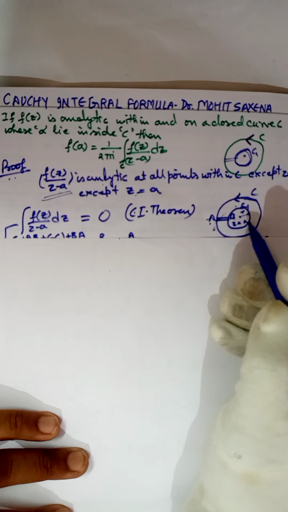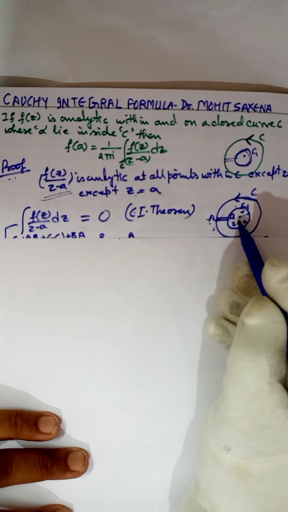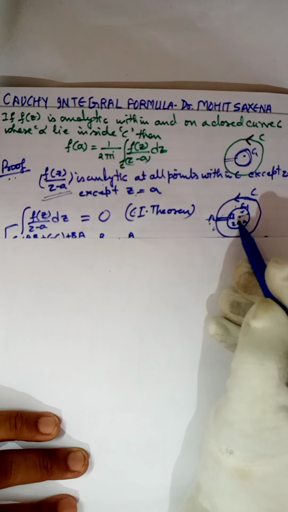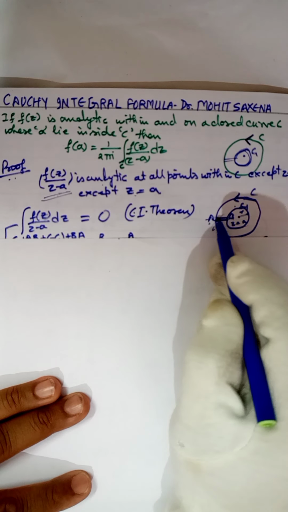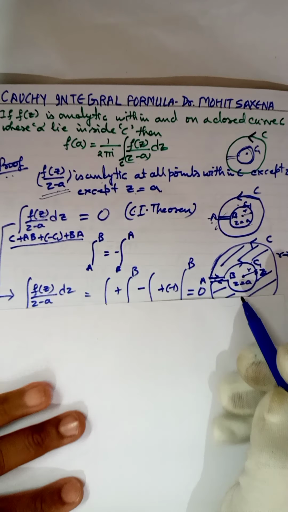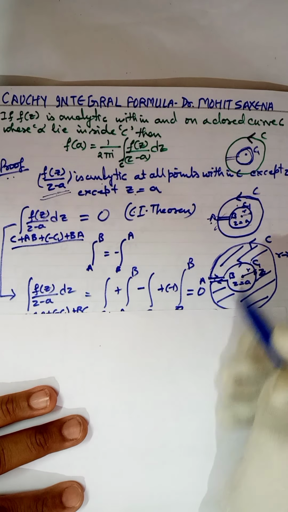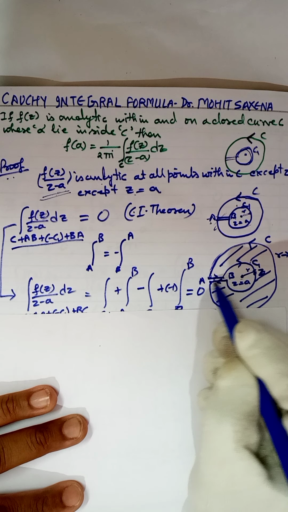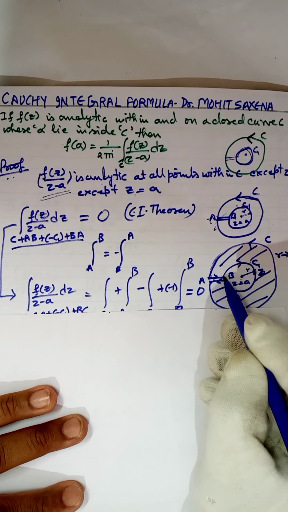But now we try to eliminate this particular point from our region, and how is it possible? By making a simple cross cut between A and B.